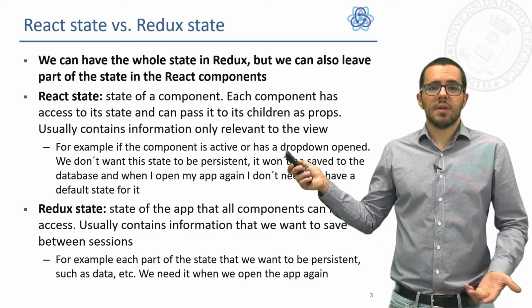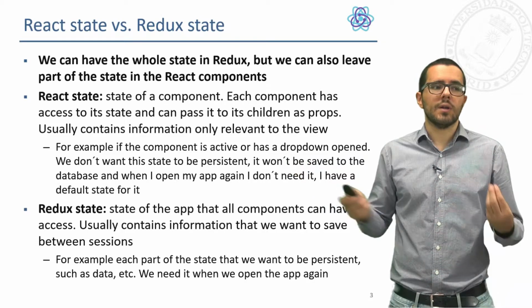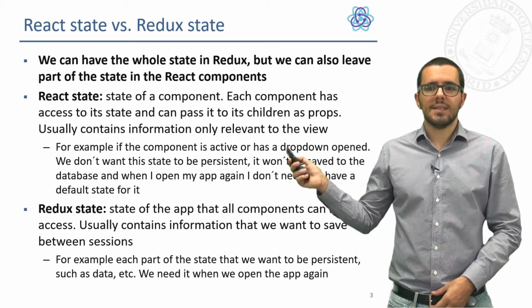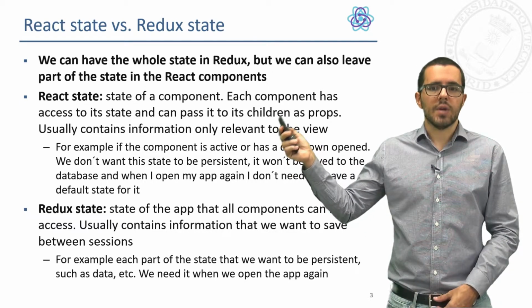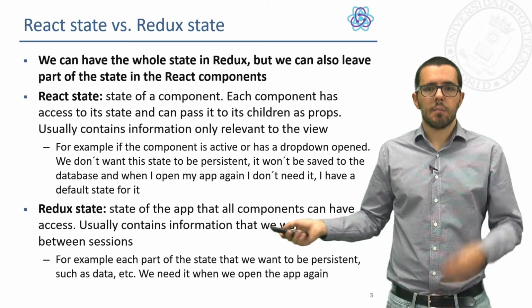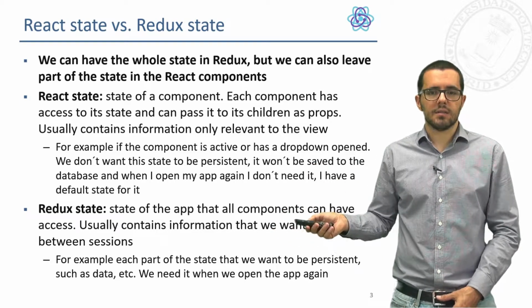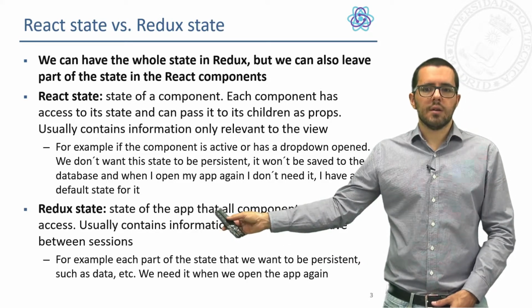Those are things that I don't want to remember if I want to restore the state or save the state or undo or redo. So that state can be kept in React, and the rest, the important data, will be in Redux. So sometimes we have two different states, other times we only have the Redux state.